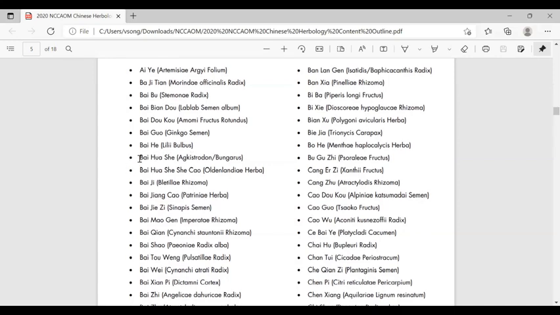The next one, 百花蛇, which is the snake. My recommendation to NCCOM is that they change the official name of this medicinal, because 百花蛇 is not the really accurate official name.